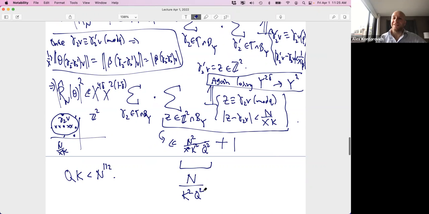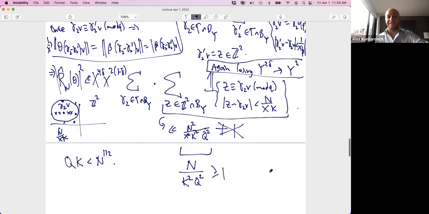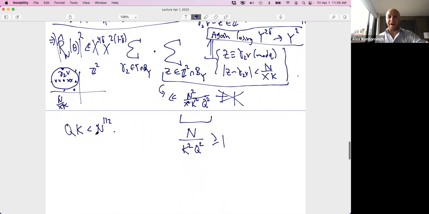So this fraction is already at least 1. So if I divide by qk and I square, this thing's already at least 1. So in fact, this plus 1 is extraneous in this case, but never forget the plus 1. But now we're done.